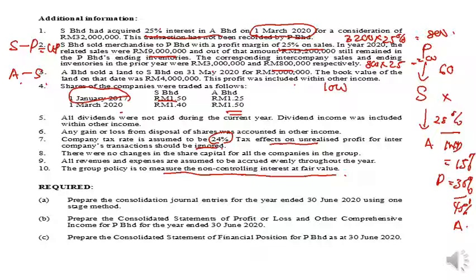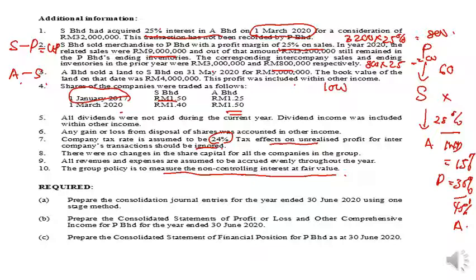Okay, maybe this color is not clear, so we might use red. It says that S acquired 25% interest in A on 1st of March 2020. P has control over S of 60% after it disposed that 15%.